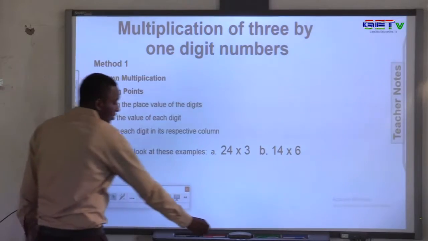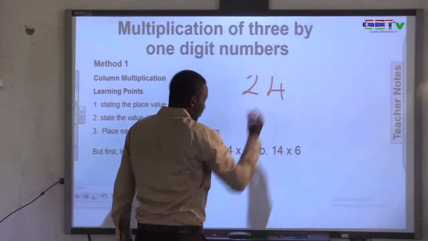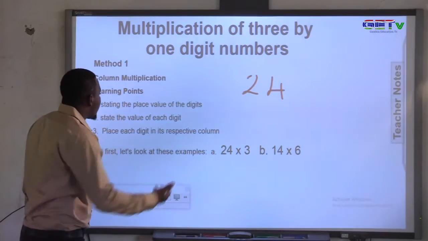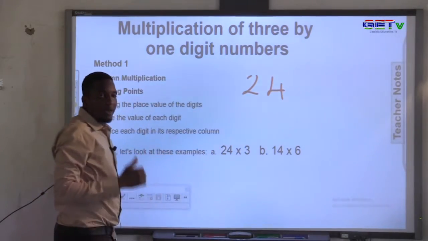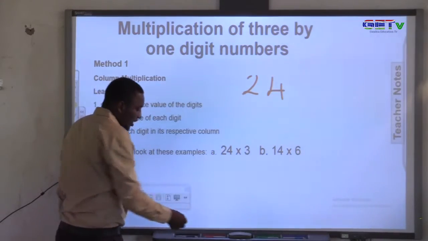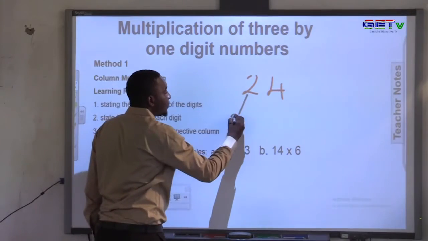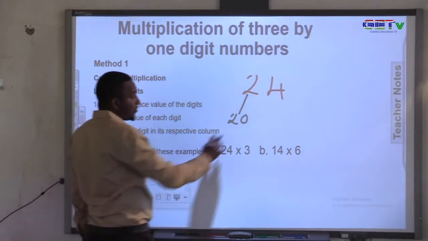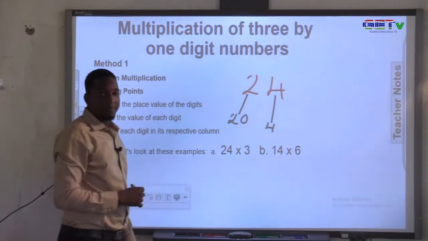So for instance, if we are given 24 as a number, we will find out what is the value of 2 and what is the value of 4. In that case, we can say the value of 2 here is 20, and the value of 4 is just 4.